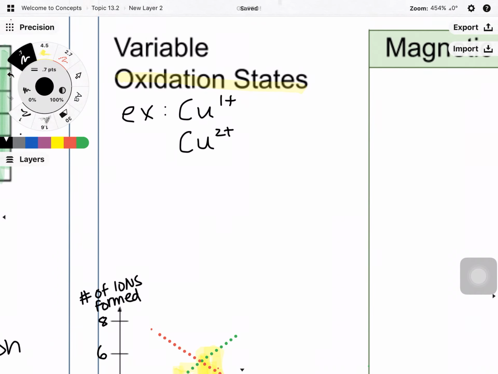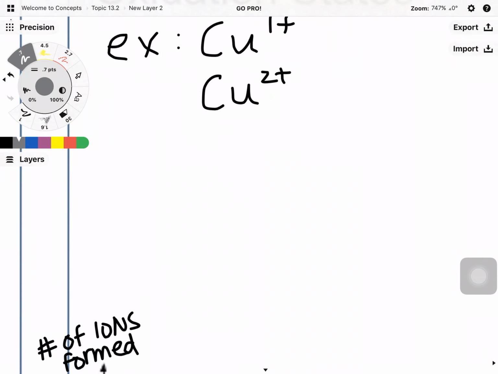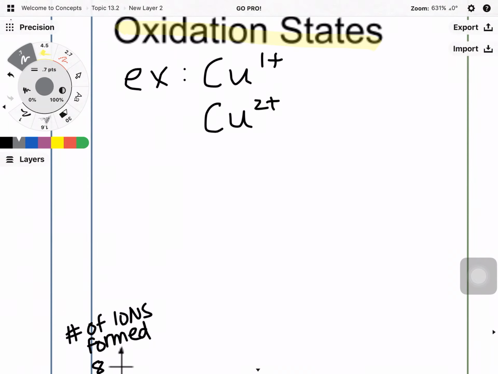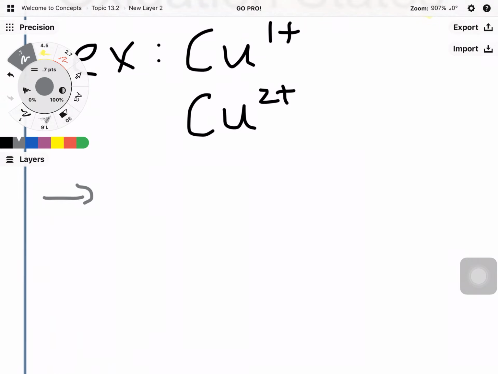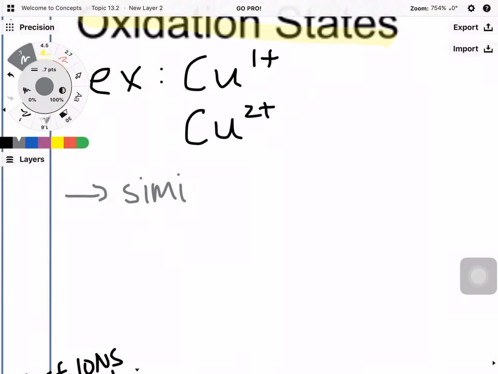The reason this happens is very particular to the valence electrons of transition metals. The valence electrons of transition metals are all located in the 3d sublevel, and so the electrons require quite a similar amount of energy to remove them. So it's just as easy to remove electrons in the 3d orbitals because they're all at the same level.